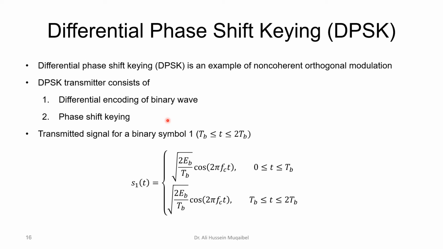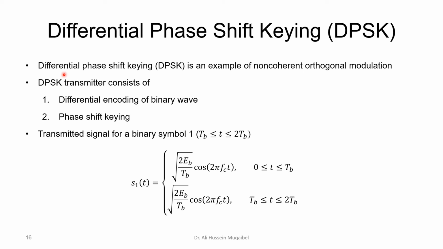Differential phase shift keying. One of the important modulation techniques that are used in wireless applications is differential phase shift keying. It's an example of non-coherent orthogonal modulation. And in DPSK the transmitter consists of two stages. I think we have this before.